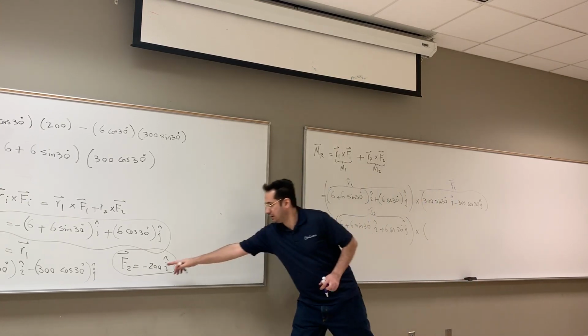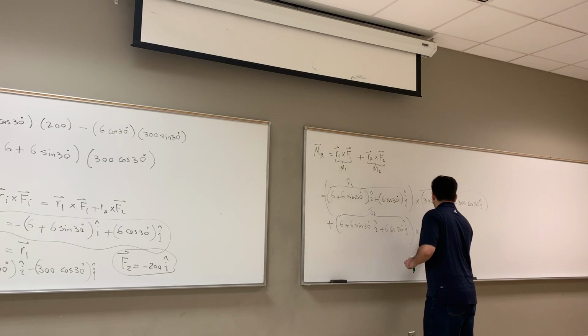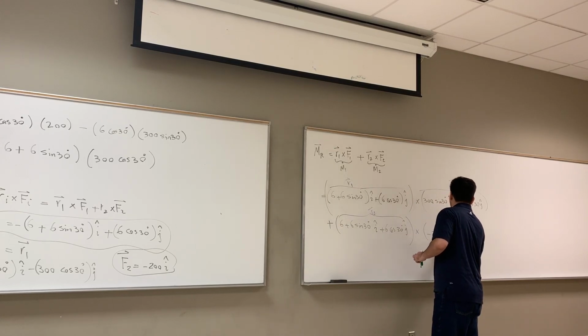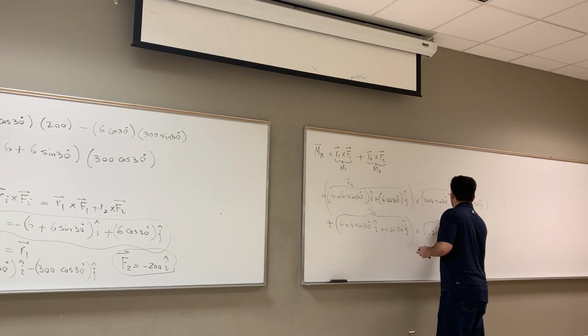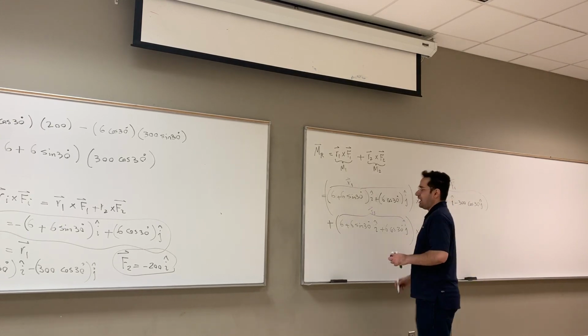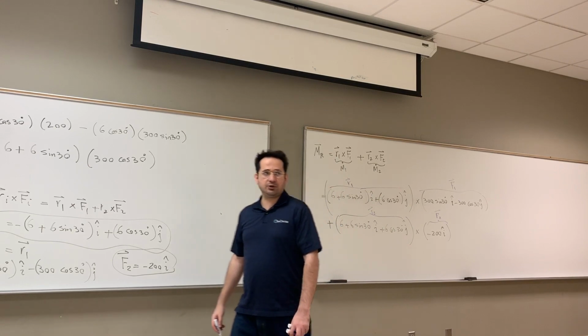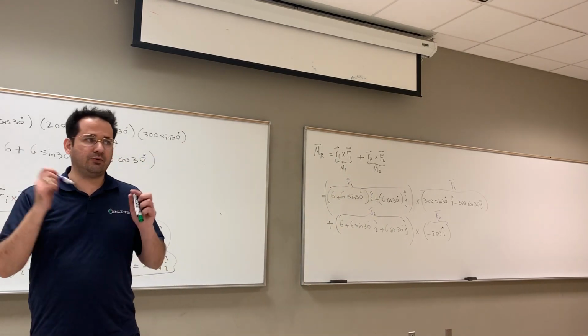F2 is negative 200 I. That's long, isn't it? Now, this is the time that you really appreciate the advantage of the method of moving forces.